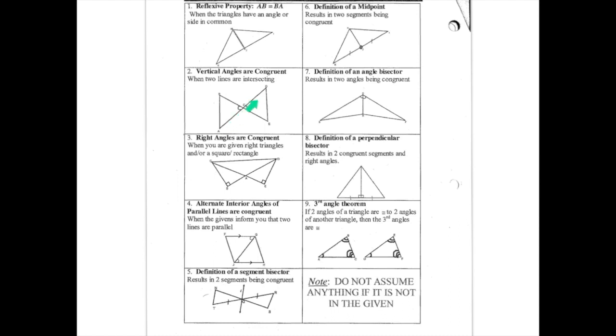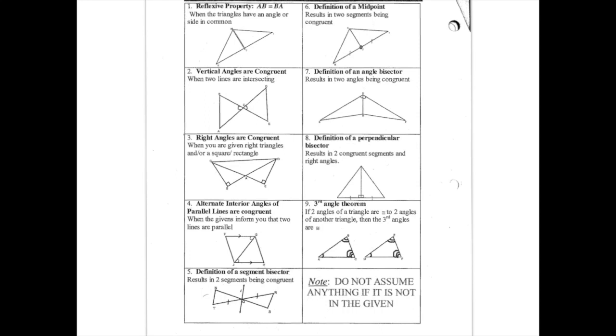If you've got two lines that intersect, the angles that they make that are opposite of each other are congruent to each other. So, if you have a picture like that, you'll say that these two are congruent, and then you'll say that they're congruent because they're vertical angles.